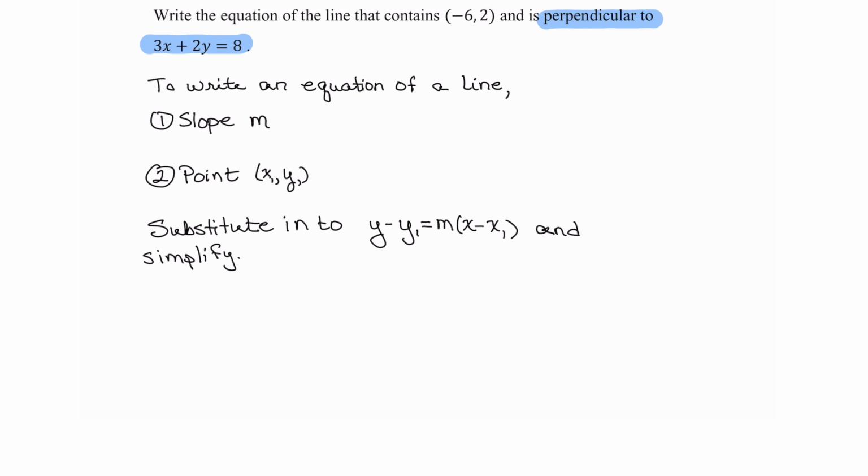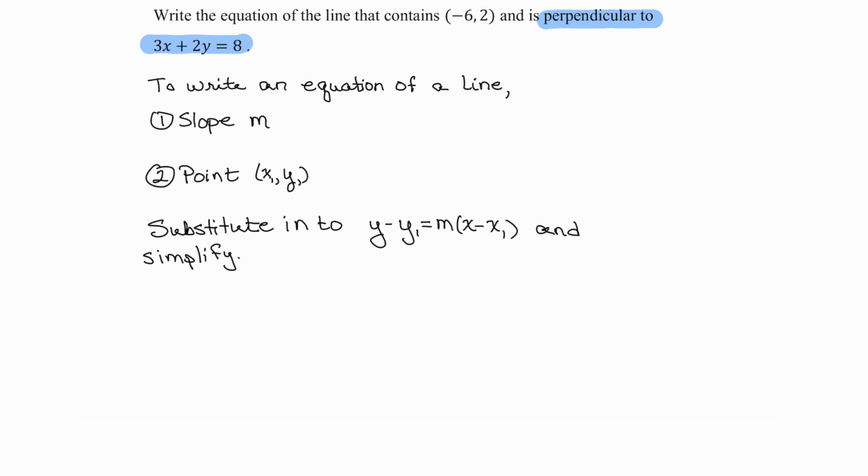So to find my slope, I will need to find the slope of that line, take the opposite in sign and reciprocal of that slope, because my line is to be perpendicular to that one, and then that will be how I find my slope.